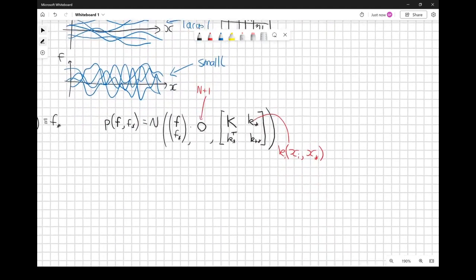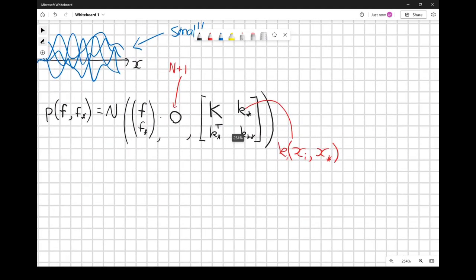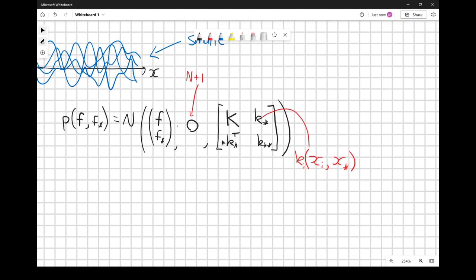The fact that we've introduced a new input, x star, doesn't change anything. It just means we expand this covariance matrix by one element, by including this vector that describes the correlations between each of our training inputs and our new input, x star. That's the same vector transposed.